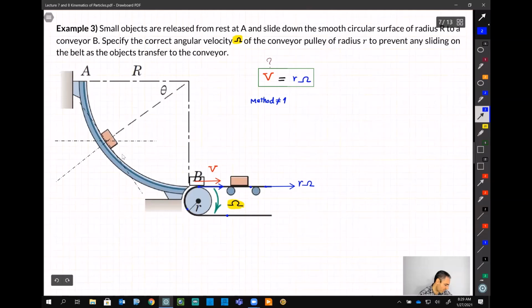So what do I have? I have, like always, N, the reaction from the surface, which is normal. We show it by N. Luckily, there is no friction, so we are happy. And then we have, of course, the weight, mg.